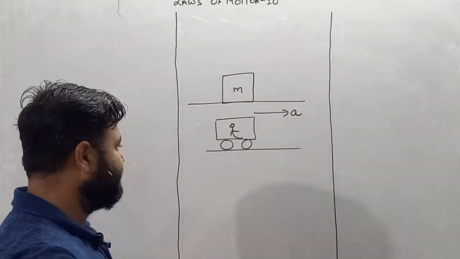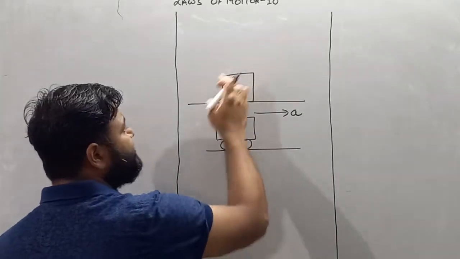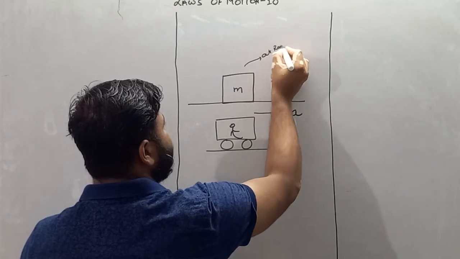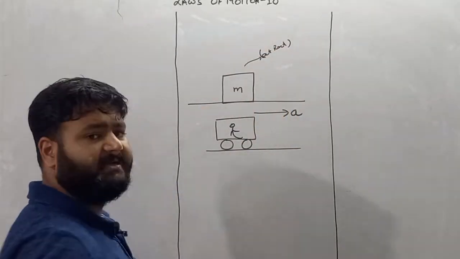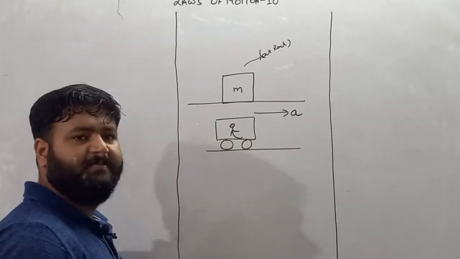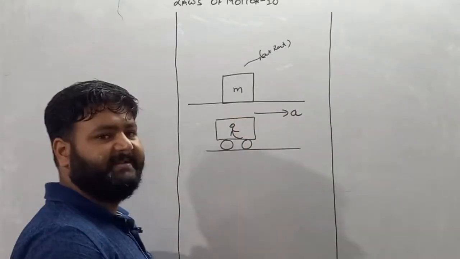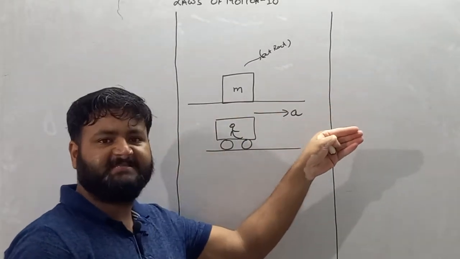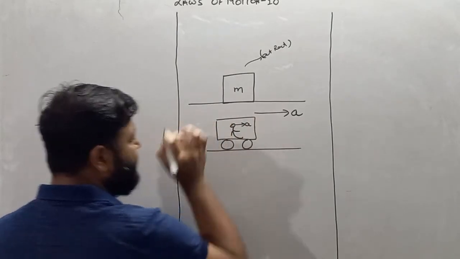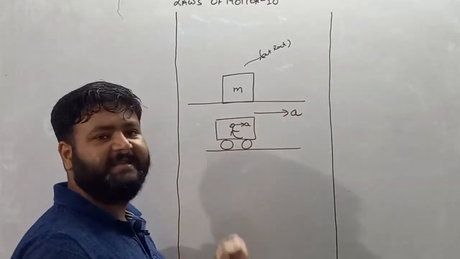Now see, my dear student, if the train is accelerating and a block is placed on the platform and the block is at rest, and the observer is sitting in the train which is accelerating with some acceleration, then it is obvious that the observer is also accelerating with the same acceleration as the train.